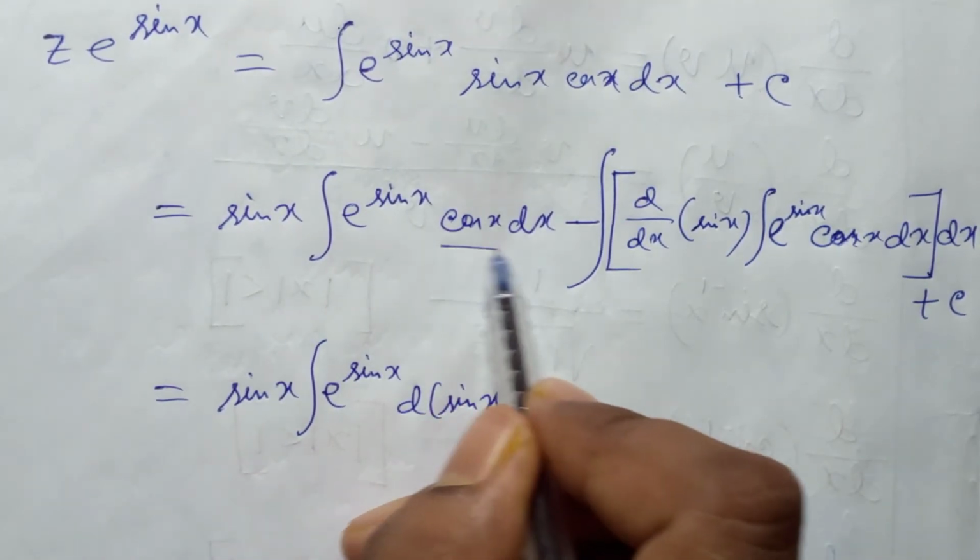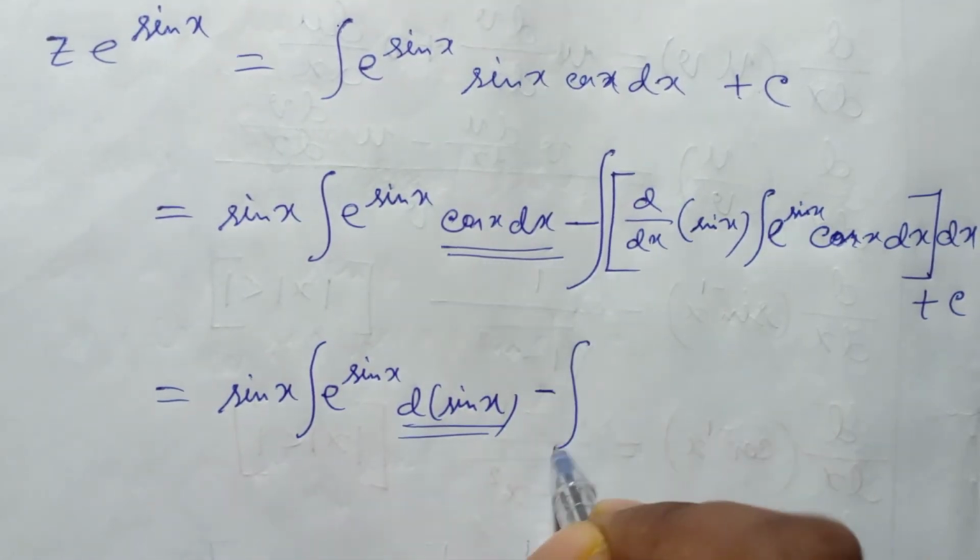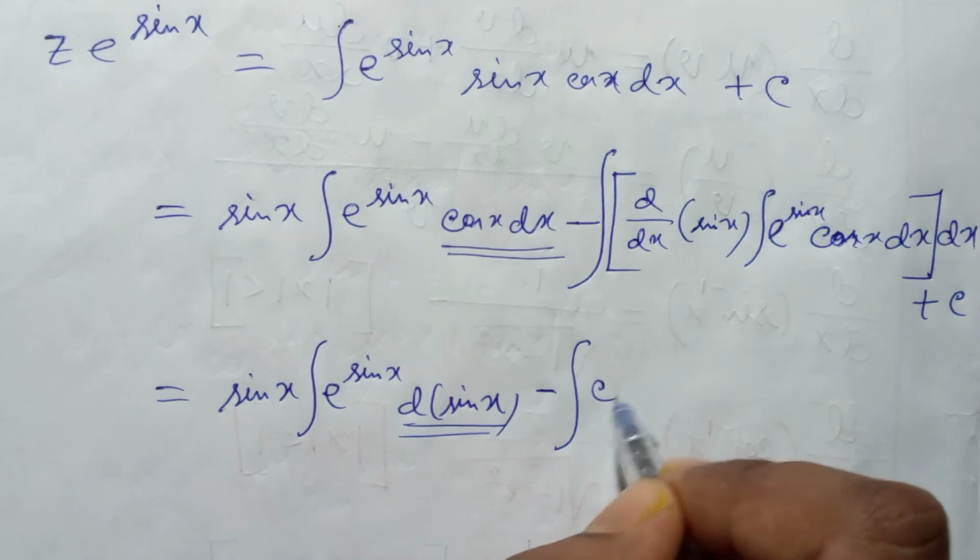In the place of cos x dx, we can write d of sin x, minus, in d by dx of sin x is equal to cos x.